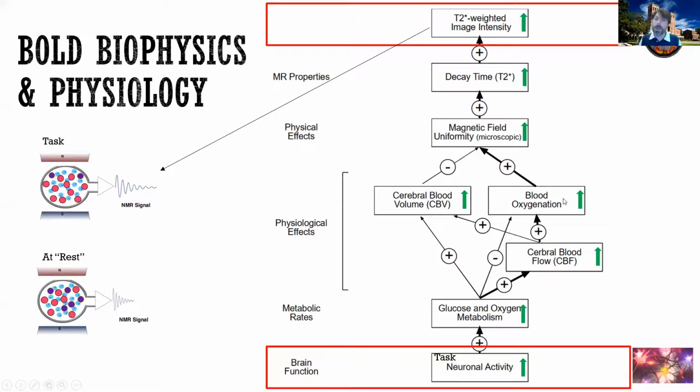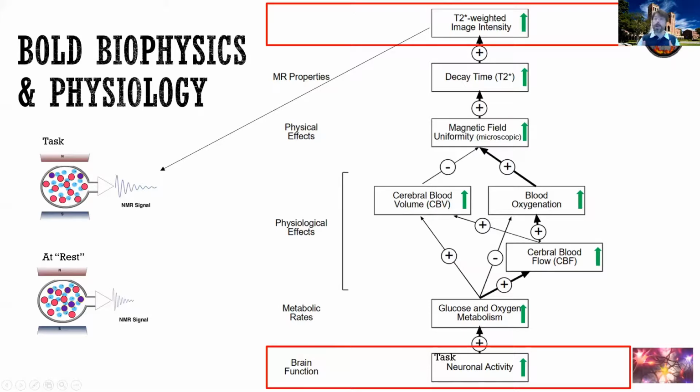Okay, so what causes an increase in oxygenated hemoglobin and a decrease in deoxygenated hemoglobin? Well, the cerebral blood flow and the cerebral blood volume response to changes in glucose and oxygen metabolism. Okay, what changes the glucose and oxygen metabolism? Well, a number of things, including neuronal activity.